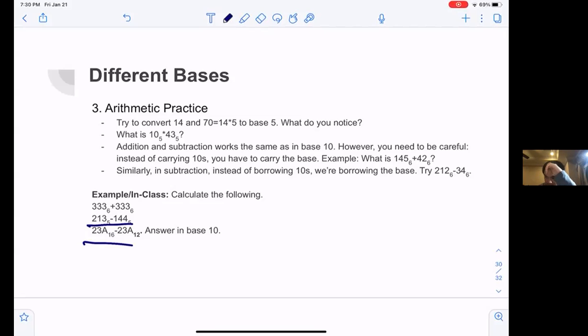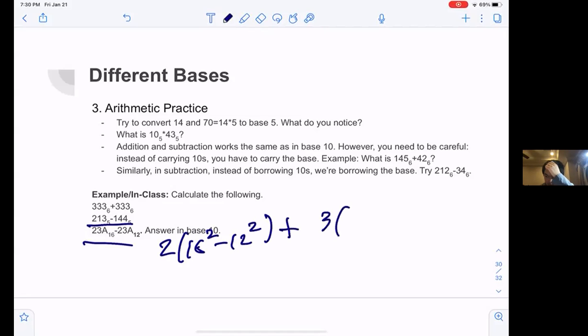All right, so yeah, I see answers for this one. What do we do here? 2 times 16 squared minus 12 squared plus 3 times 16 minus 12. The last one cancels out since it's just powers of 0 and the digits are all the same. 2 times, okay, so that would be 48 times 4, right?